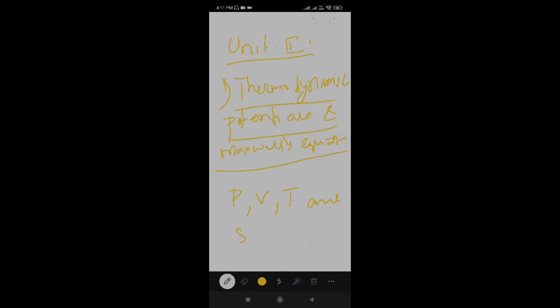If you take the laws of thermodynamics, what is the first law of thermodynamics? dQ is equal to dU plus P dV. How many parameters are you using? From these four parameters, you are using two, P and V. Next, the second law of thermodynamics is dQ equal to T dS.